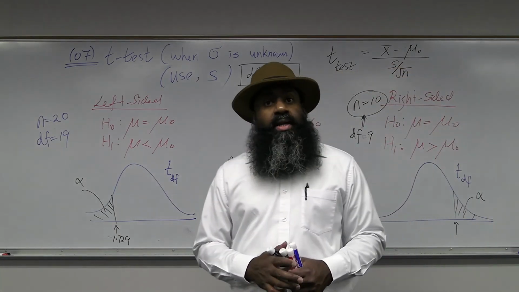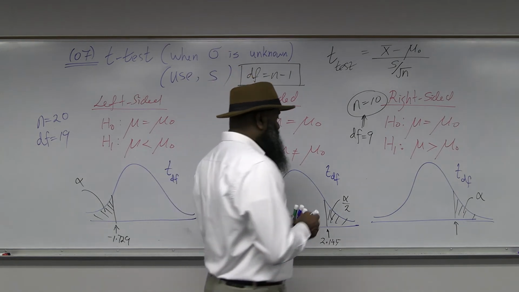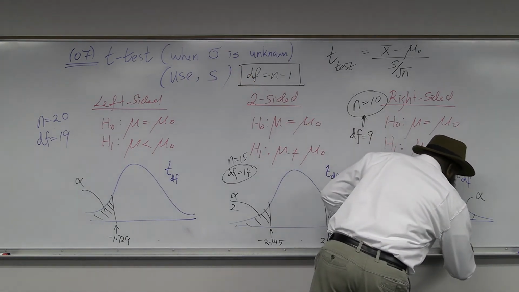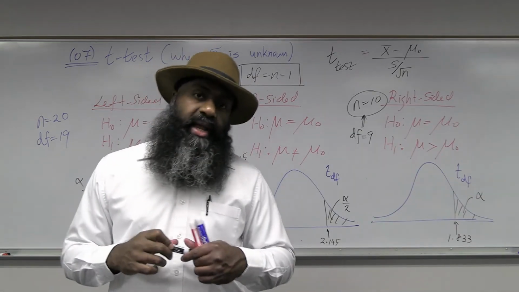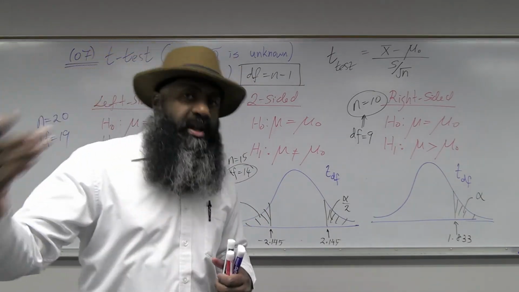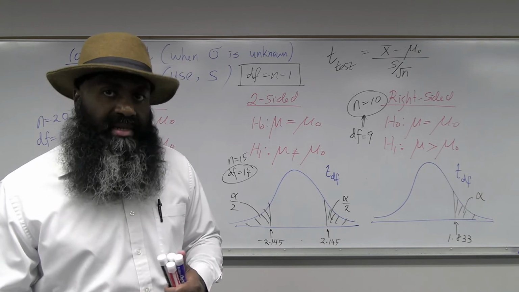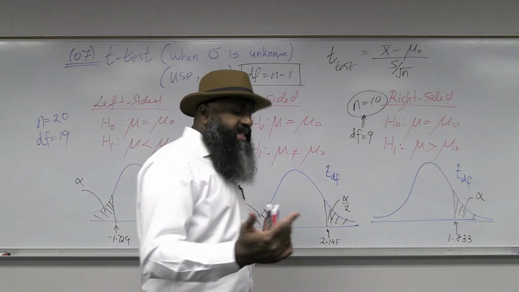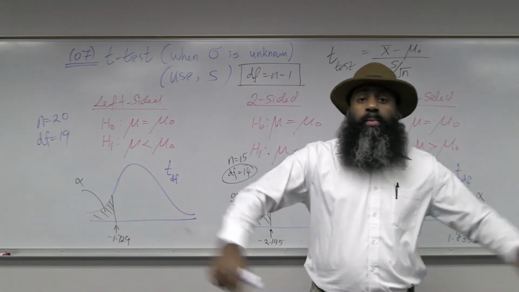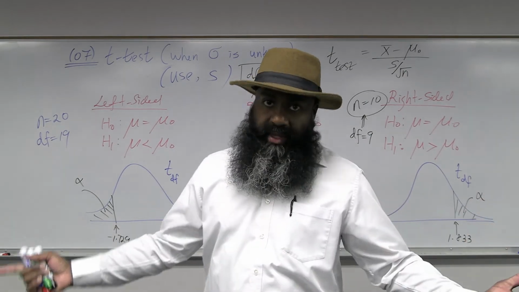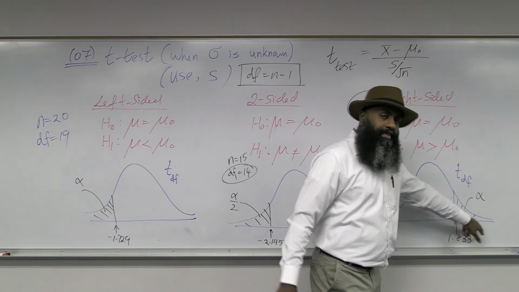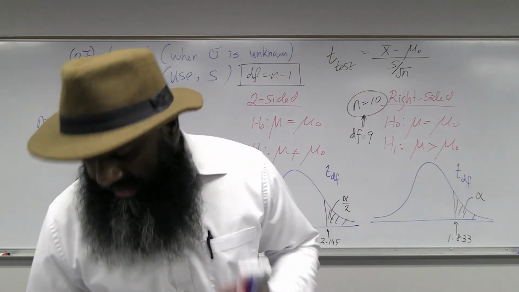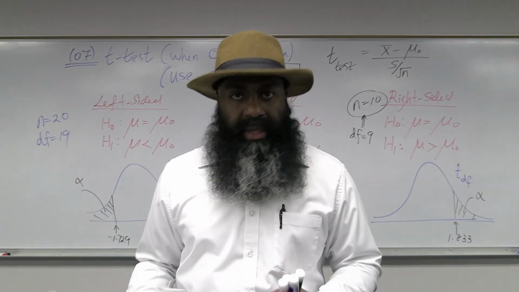We got 1.833. So from positive 1.833 to positive infinity is the rejection region. So if my test statistic is 4.2, for example, I can reject the null hypothesis because it is in the rejection region. That's how you can do the test statistic and critical value method.